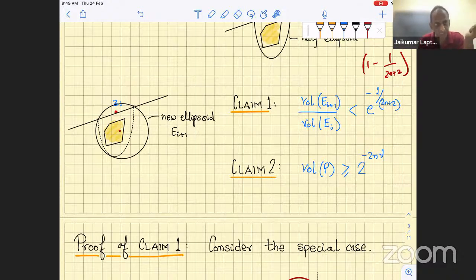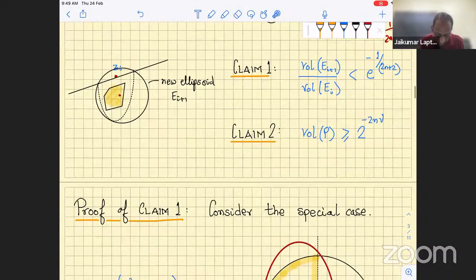This is something we did last time. If it's a full dimensional polytope defined by inequalities where the entries of the underlying matrix A and b have bounded binary representations, then any polytope defined by such inequalities has reasonable volume. At least it will be exponentially small, but 2 to the power minus n and nu.